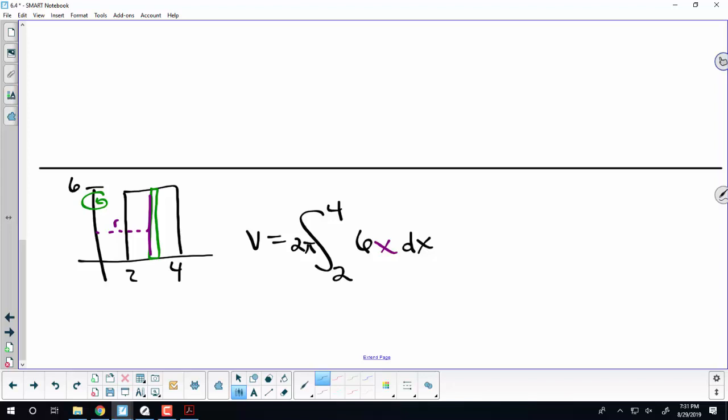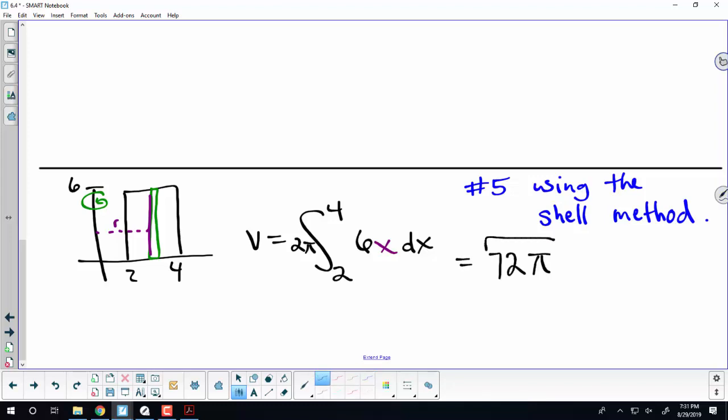Sorry, we should specify that this is number 5 using the shell method. I'll leave that for you to verify if you want, but that's also 72 pi.